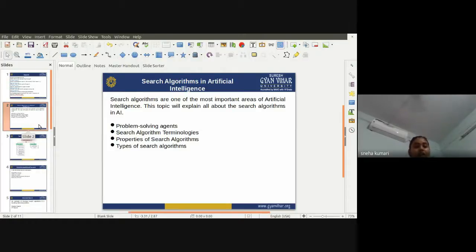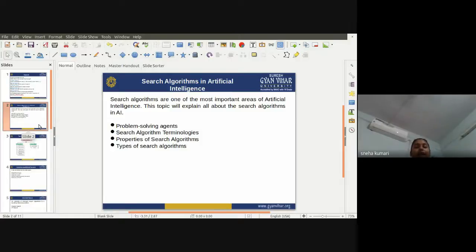Now you have four solutions, meaning you can reach from Jaipur to Ajmer through the four ways. So these four ways are four solutions. But now the point is which one is the optimal solution? Optimal solution is the solution which has the lowest cost among all the solutions. So from the set of solutions you find a single optimal solution which has a lower cost, right?